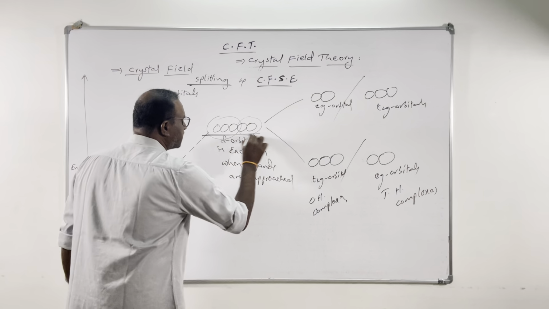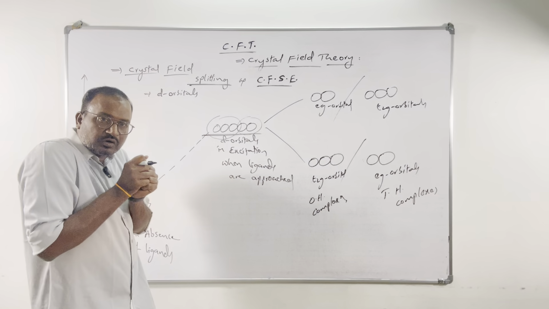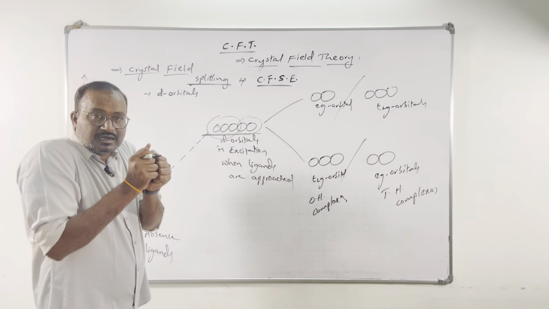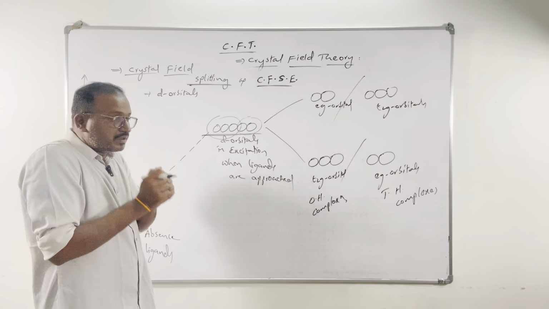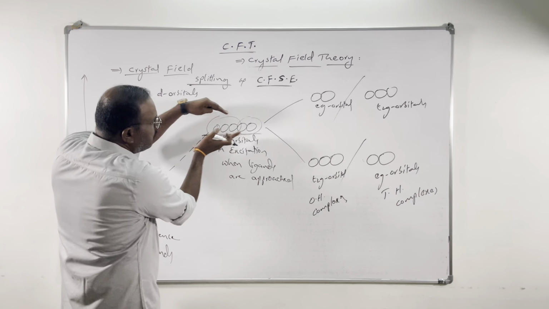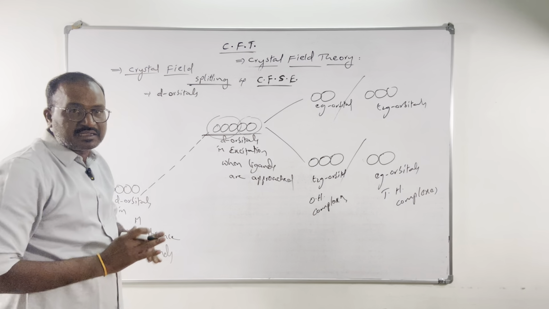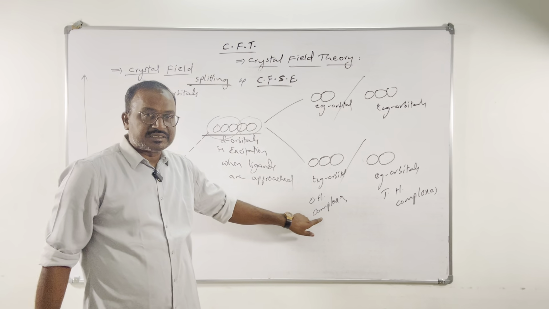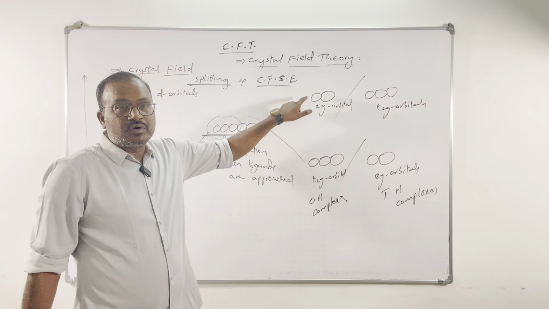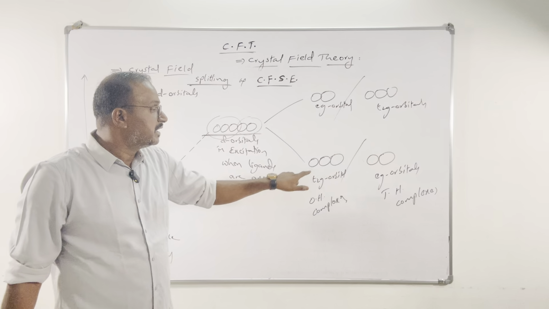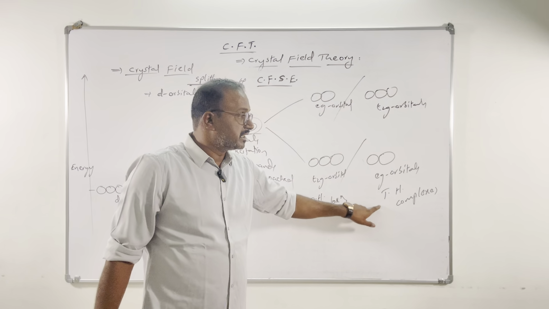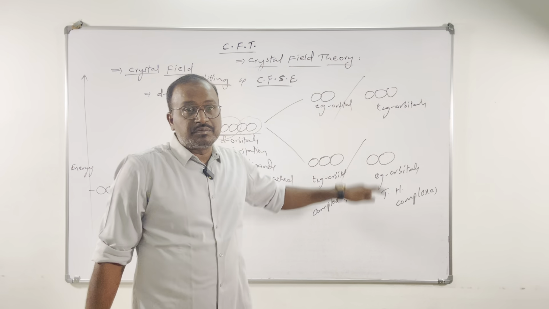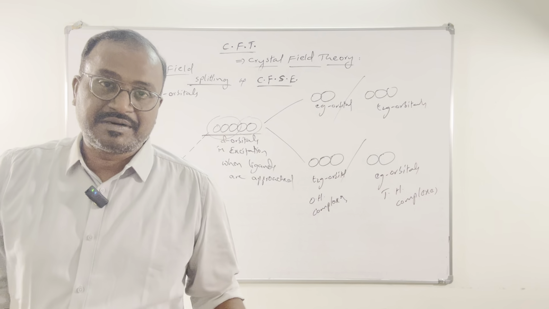In the excited state, when the ligands come close to the metal for ion-ion interaction and ion-dipole interaction, due to the different orientation of these 5 d orbitals, they split into two groups. In octahedral complexes, Eg orbitals will get more energy than T2g orbitals, and in tetrahedral complexes, T2g orbitals will get more energy than Eg orbitals.